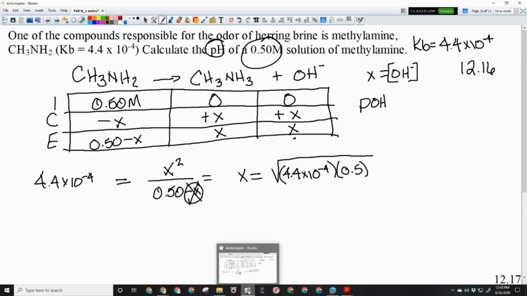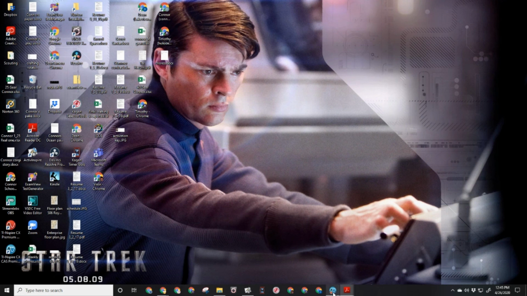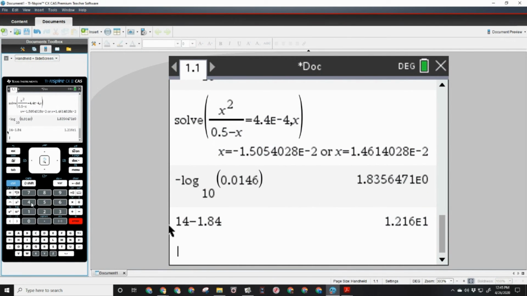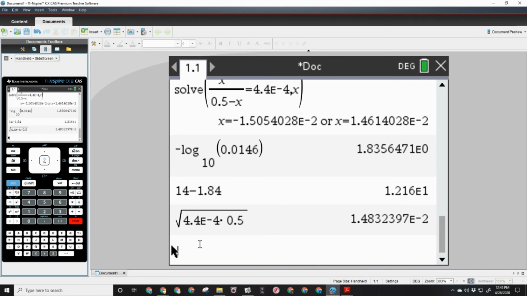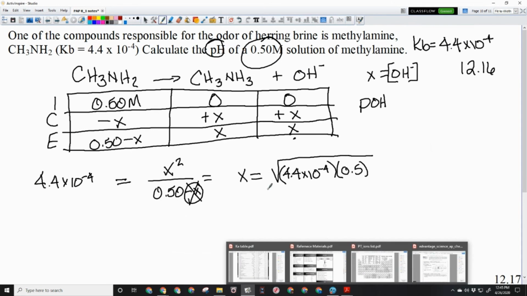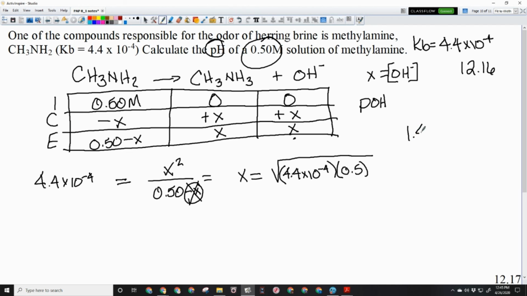So that's our equation. I have to take the square root of that. So 4.4 times 10 to the negative fourth times 0.50. That's going to give us 1.48 times 10 to the negative 2. Okay, and that's our OH concentration.